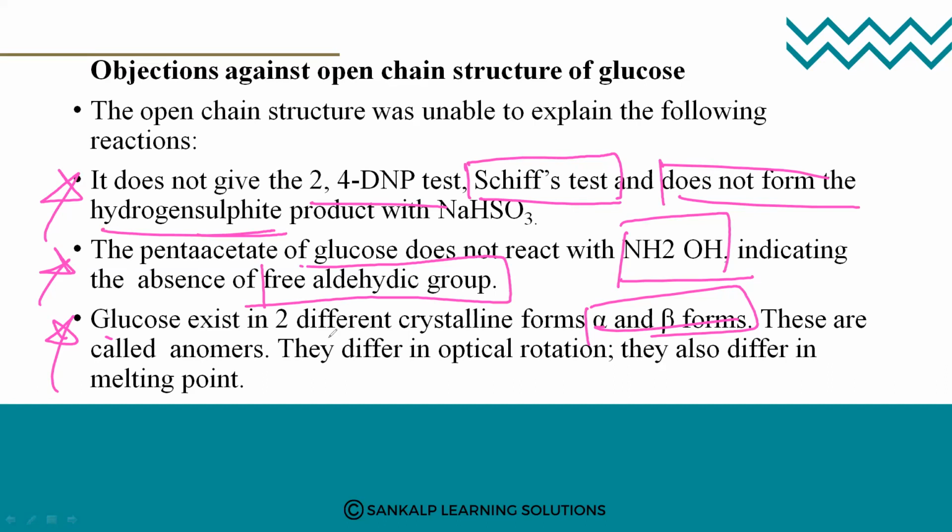So the next conclusion was that glucose exists in two crystalline forms, alpha and beta glucose, and these alpha and beta forms are called the anomers.